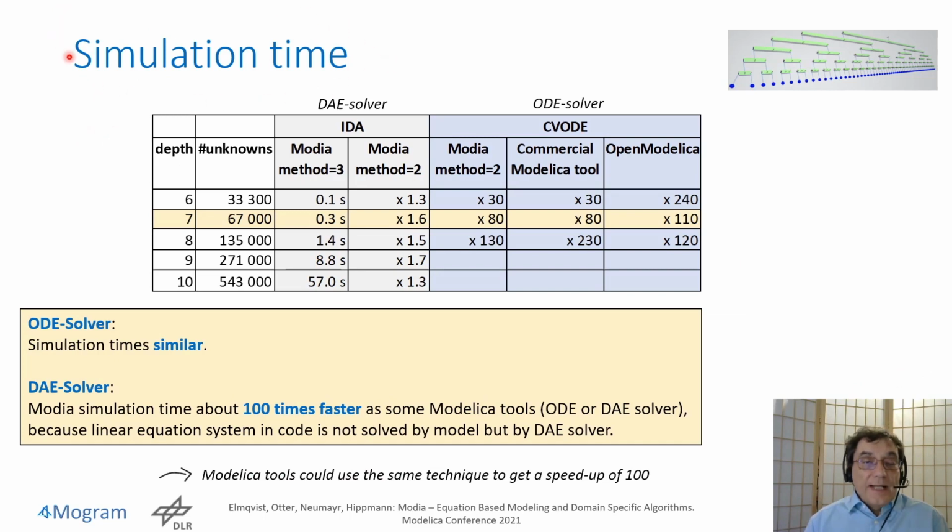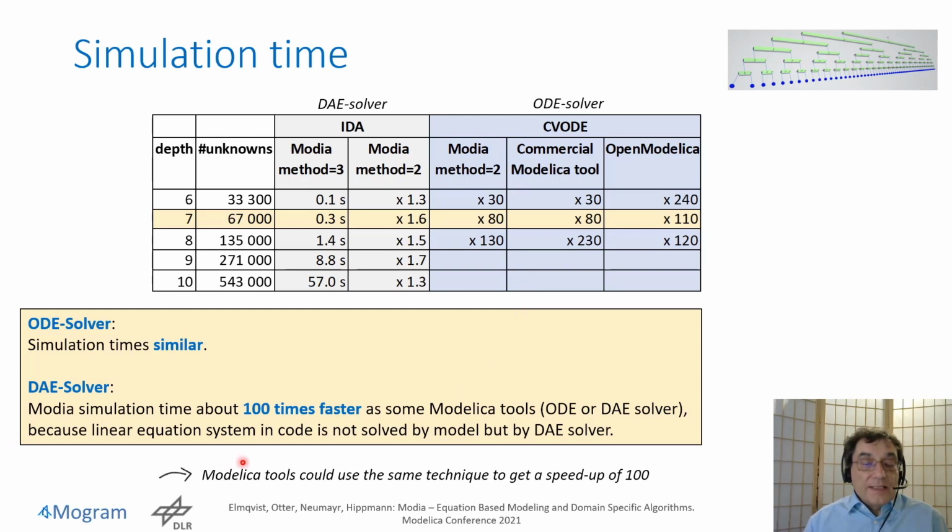The simulation time is roughly the same for Modia and for the Modelica tools if an ODE solver is used, here Sundials' CVODE. However, if a DAE solver is used, here Sundials' IDA, then Modia is about a factor of 100 or 200 faster than when simulating with an ODE solver.